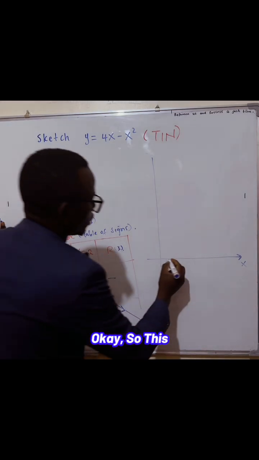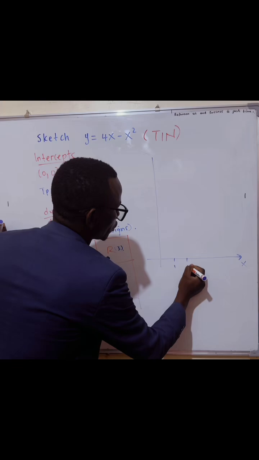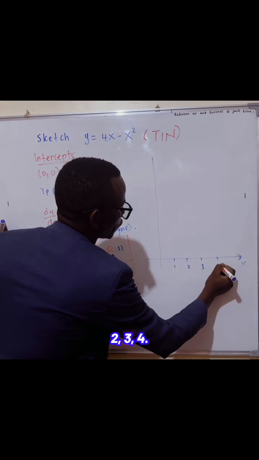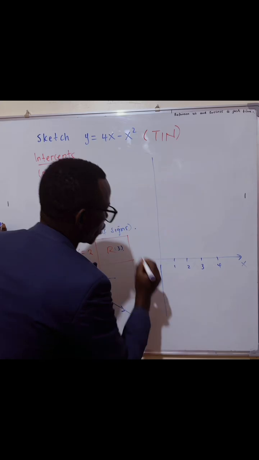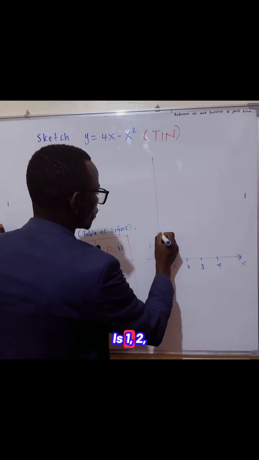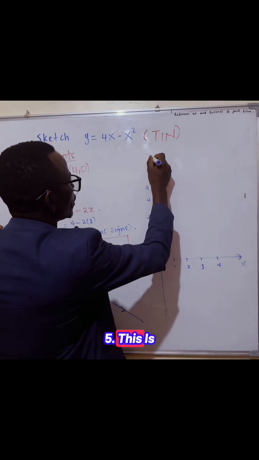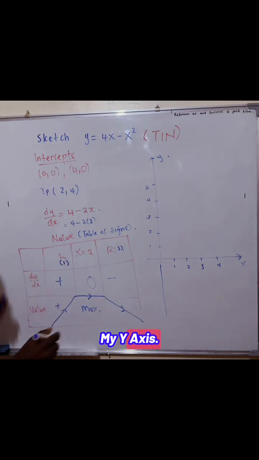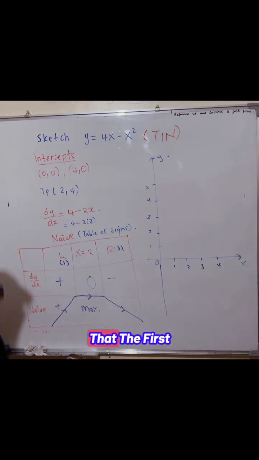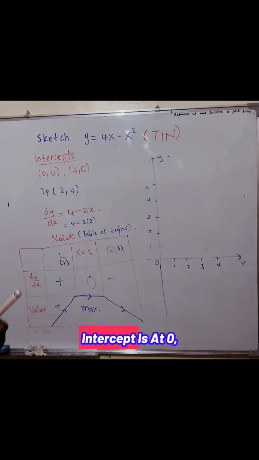So I draw my curve, that is the y-axis, and this is the x-axis. So this is 1, 2, 3, 4, and this one is 1, 2, 3, 4, 5. This is my y-axis. Remember we said that the first intercept is at (0, 0).